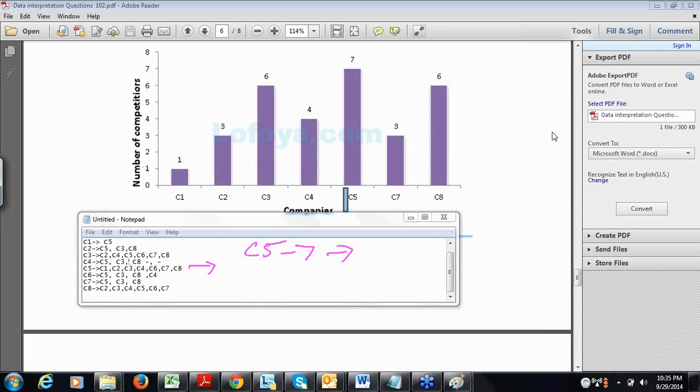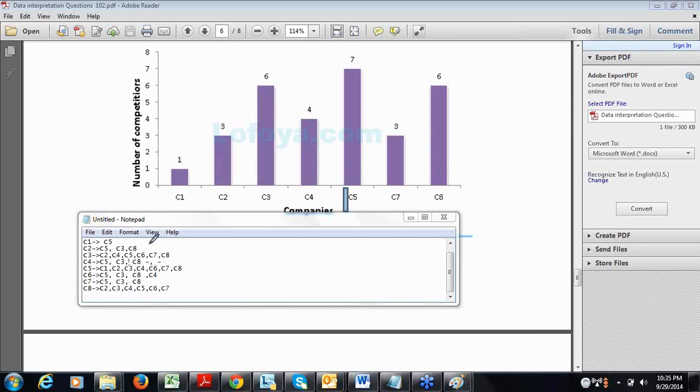See, C5 is a competitor of everybody. So for C5 you write all the competitors. Now you have written for this.